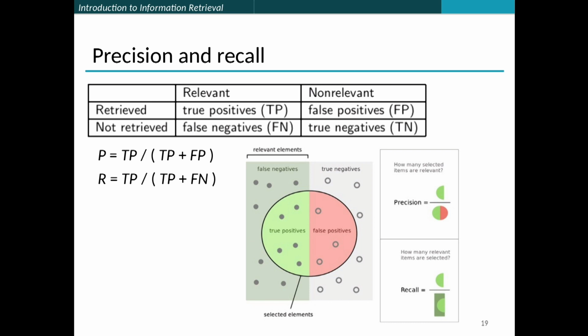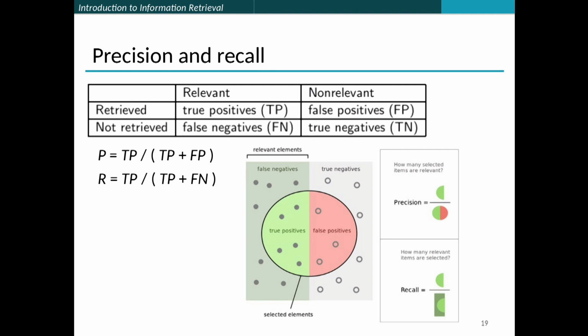And we call a false positive a document that is retrieved but not relevant for the query. And a true negative is a document that is neither retrieved nor relevant. Remember that here we have a binary system: a document is either relevant or not relevant, in this particular case.